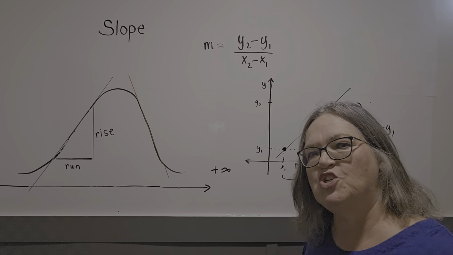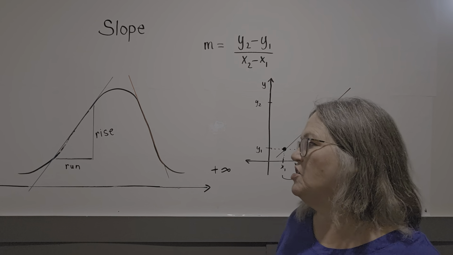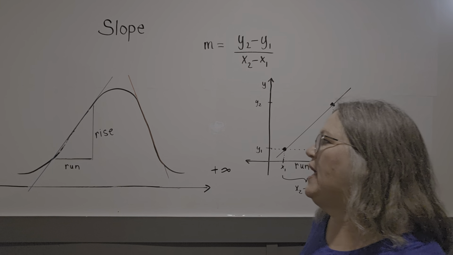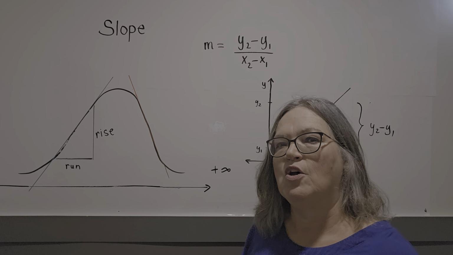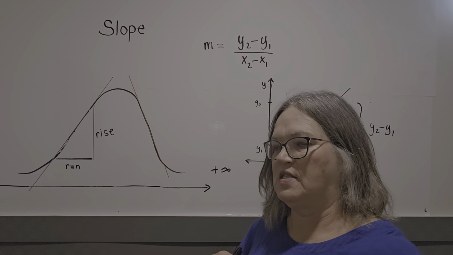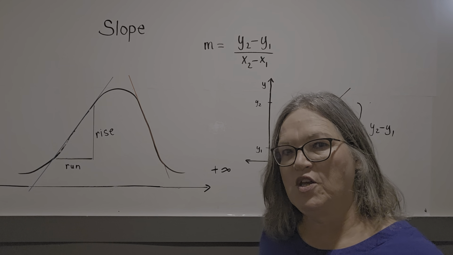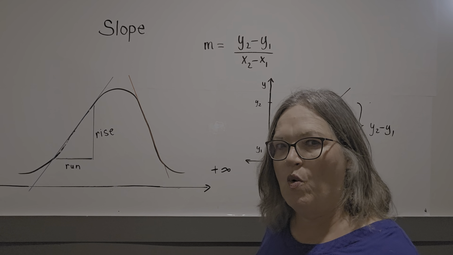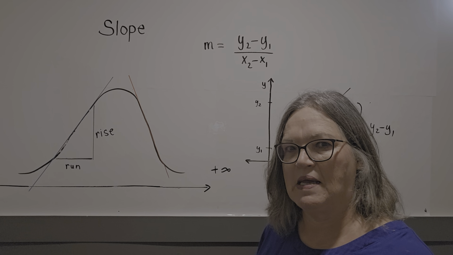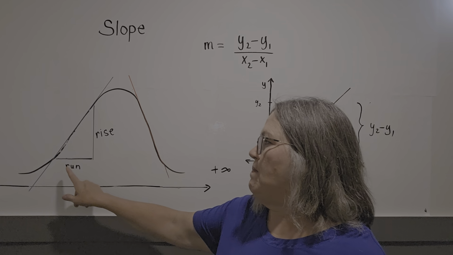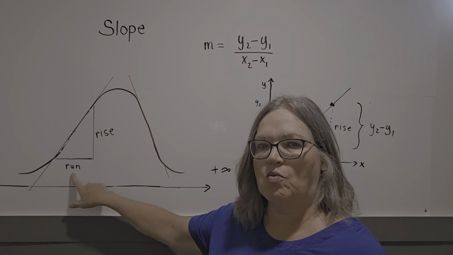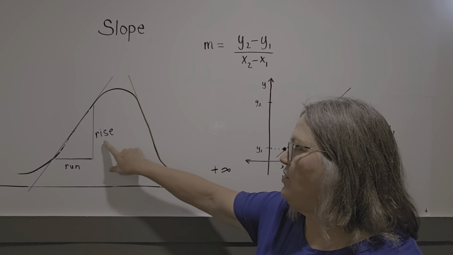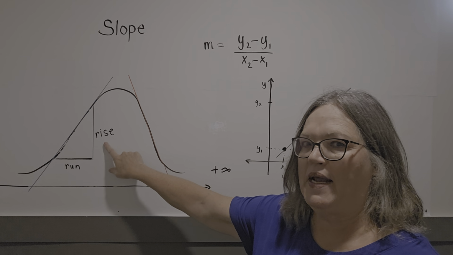when we want to measure how steep a slope is, we're going to look at how fast we're rising up versus going forward. So when you go up a hill, you're going forward, but you're also going up at the same time. The amount that you go forward is called the run, and the amount that you go up is called the rise.